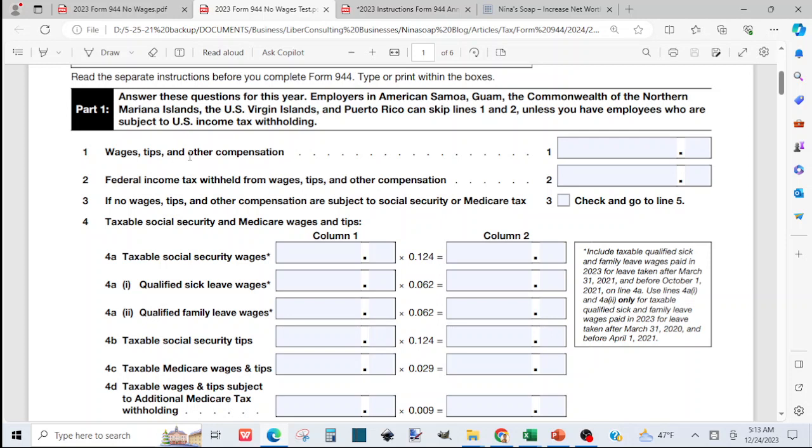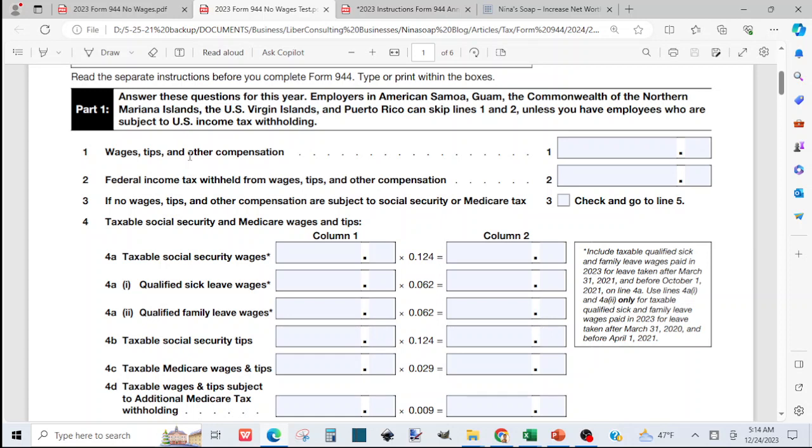So, if you are an S Corp, or an LLC taxed as an S Corp, working in your business as an officer of the business, and you didn't collect any salary but you are required to file Form 944, you will still file it.